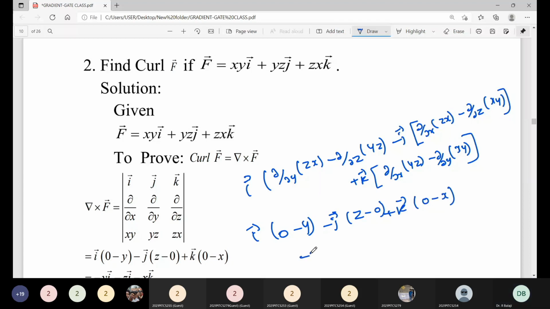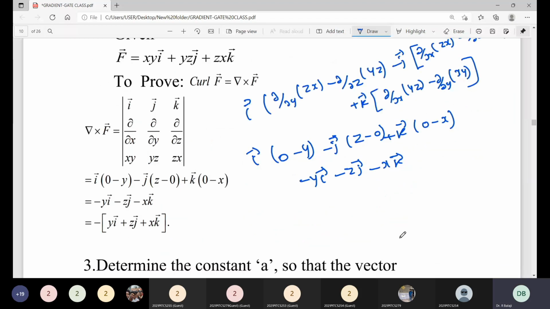So minus y i vector minus z j vector minus x k vector. So the answer is minus of y i vector plus z j vector plus x k vector.